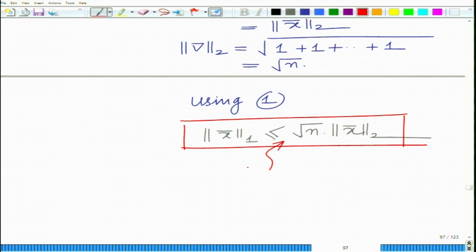So, this property characterizes the relation between the 1 norm and the 2 norm. In fact, you can also show something about the relation between the 2 norm and the infinity norm.